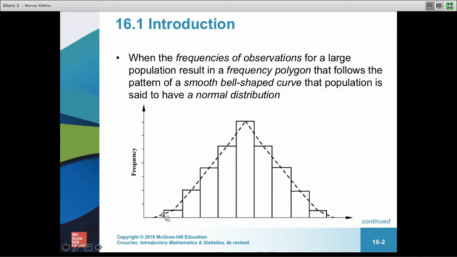So what can we notice about this distribution? They talk about it being a smooth bell-shaped curve. We can see just in this particular distribution here that it's basically mirror-shaped. Half the distribution is a reflection of the other half, if you like.